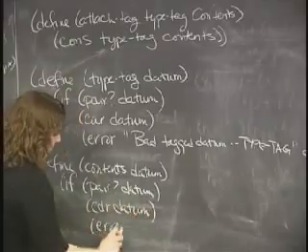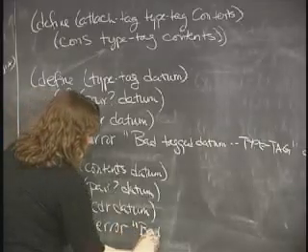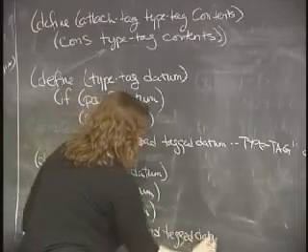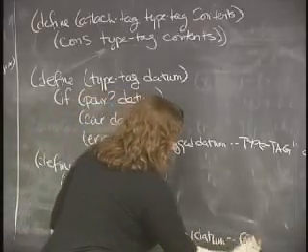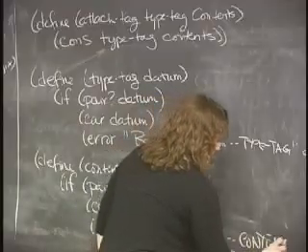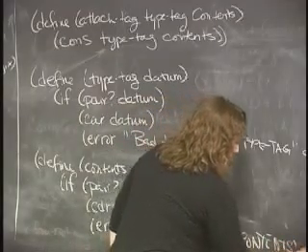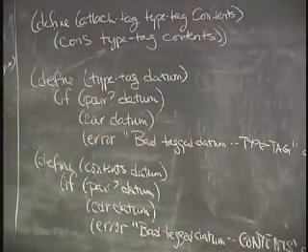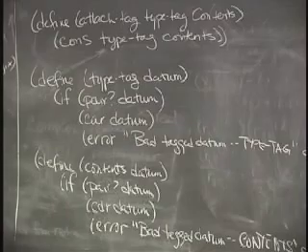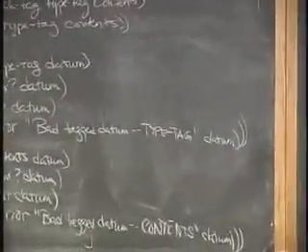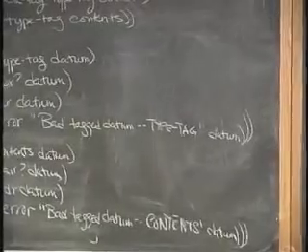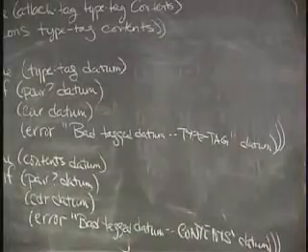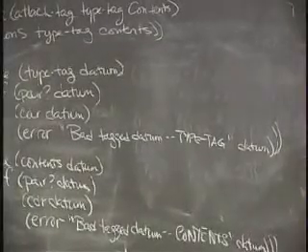Otherwise, we'll return an error. Question for you: is this going to check all possible errors? No. Because we could pass in a pair that still doesn't have a good tag at the beginning, right? So it'll check some of our problems, but it actually won't catch all of them.